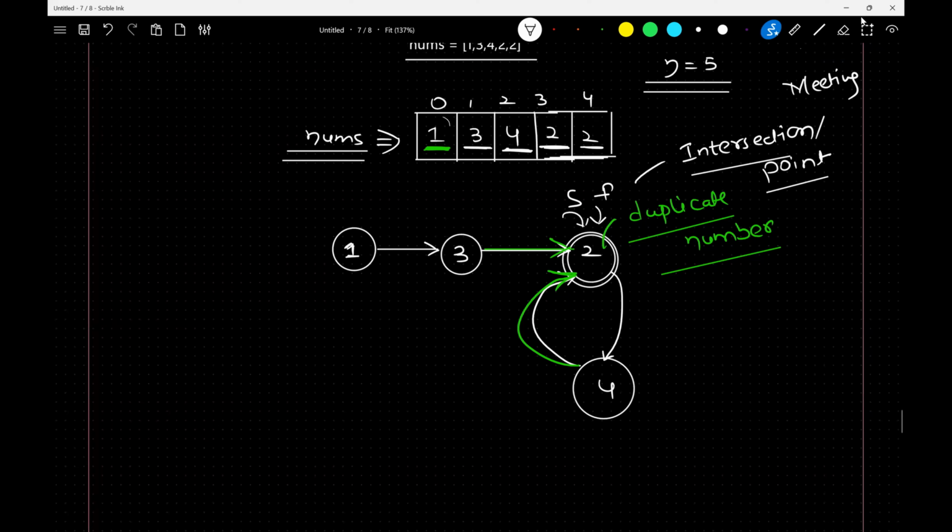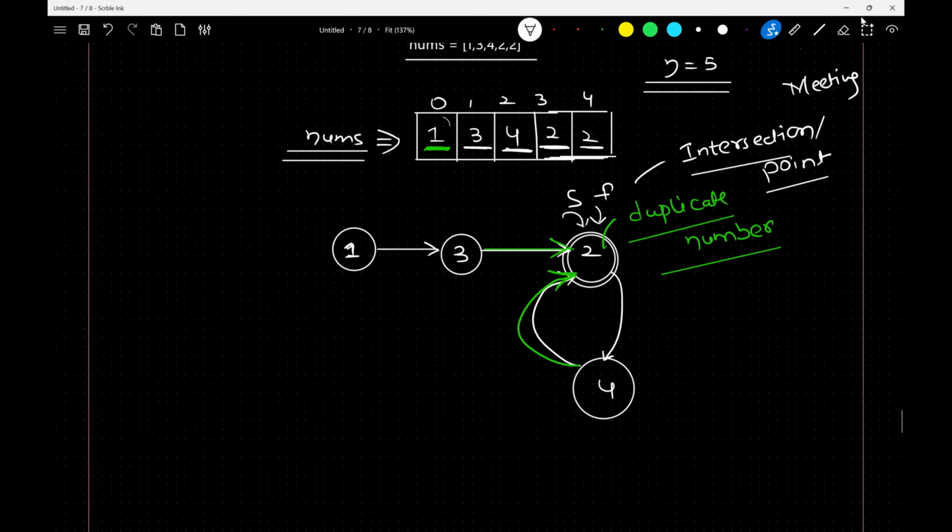But now, the second part of this algorithm says what you will do when you get the meeting point, or intersection point, as you can say. Now, what you're supposed to do is take your slow pointer again from the starting position.